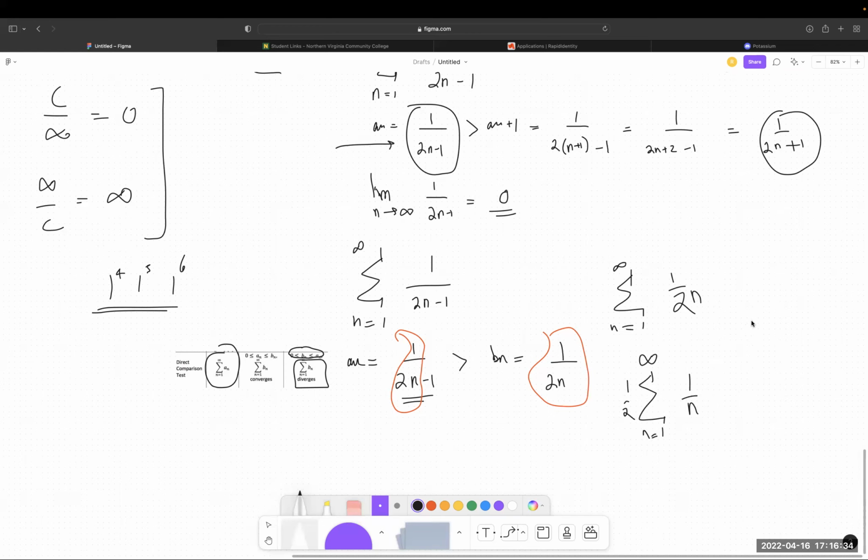And we know that if we have 1 to the n, well, that's just an instance of the p series. And if the p is greater than 1, then we know it converges. If it's less than 1, it diverges. Also, if it's equal to 1, it also diverges. And so this is divergent.